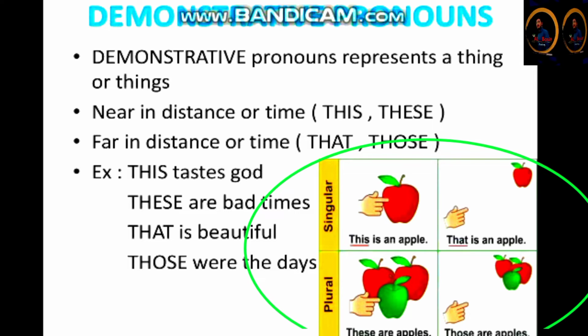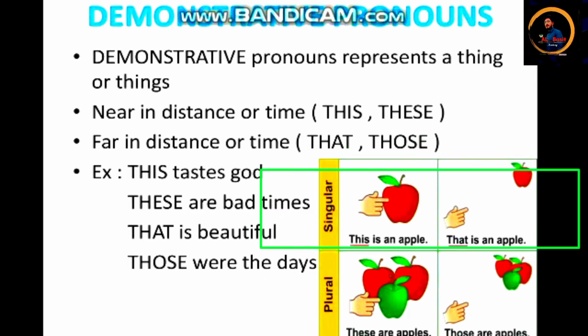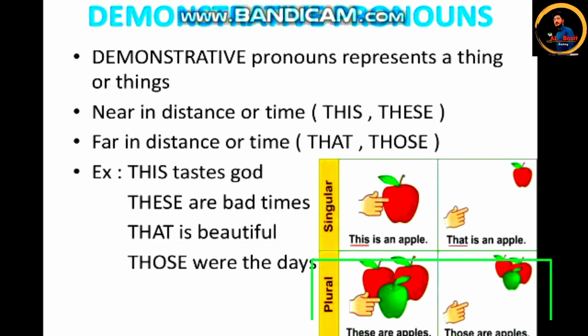Here we have the pictures. In the first two pictures these are the singular cases, and in the second two pictures we have the plural cases. In the singular we have this is an apple, which means that the apple is near to someone, and we use this for near. That is an apple means that the apple is far, and we use that.